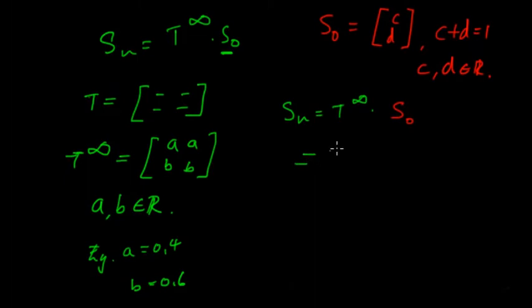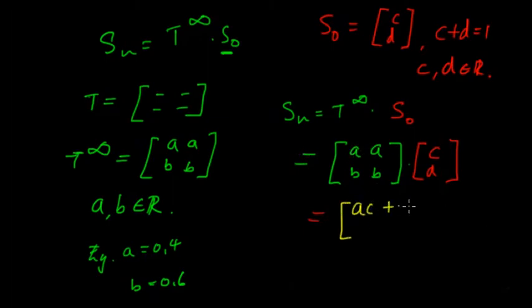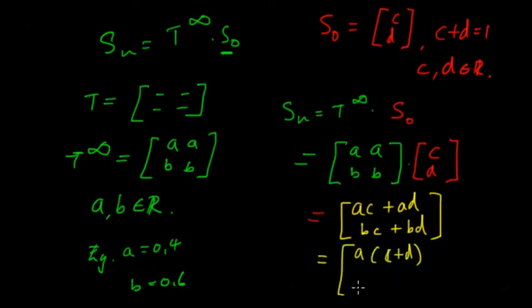So we get A A, B B, and we multiply that by S0, which is C D. Now we do some matrix multiplication and we get AC plus AD, BC plus BD. Then we can take out a common factor of A, and we get A times C plus D, and B times C plus D.